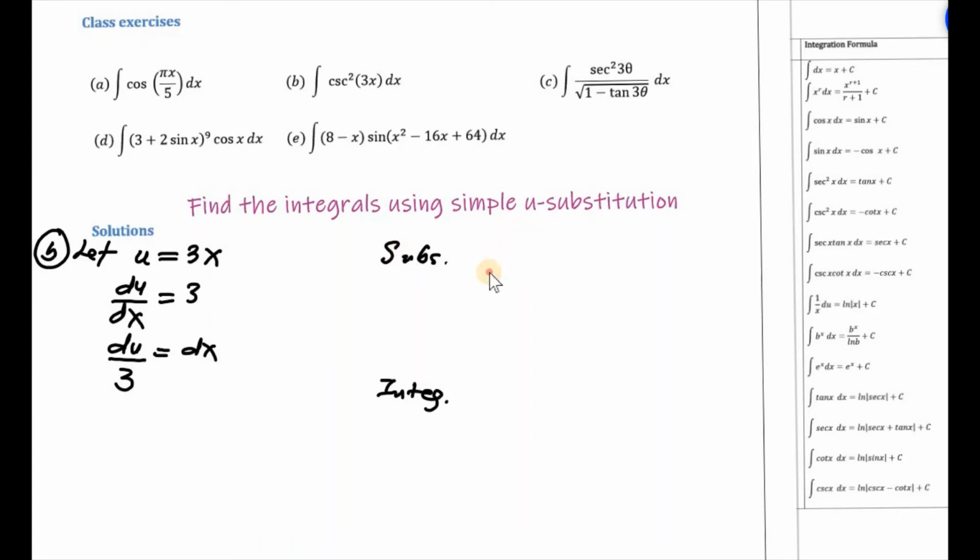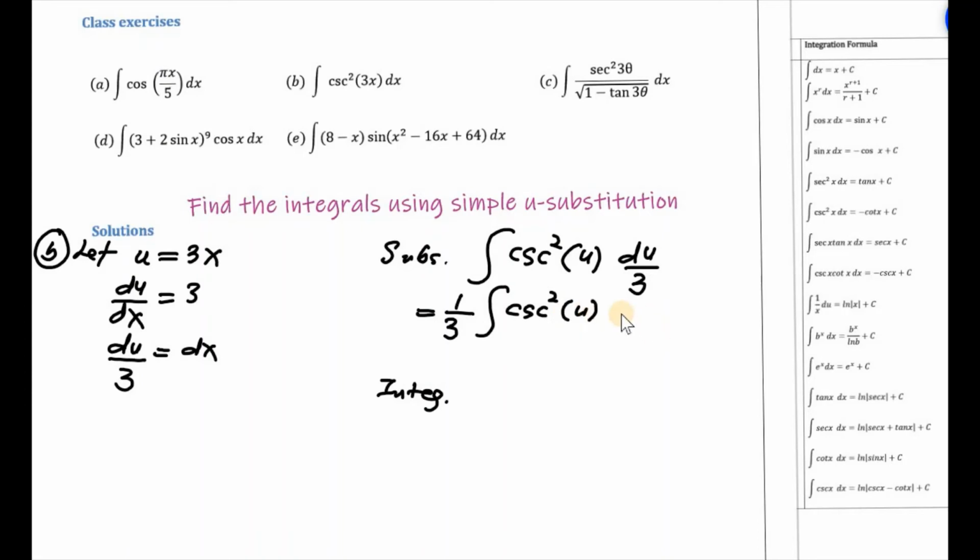Let's substitute all. So the question now will become cosecant square u, right? And dx is actually du over 3. The 3, you can put it in front as the constant, and you are to integrate cosecant square u du. We refer to the formula list. Cosecant square x dx is negative cotangent x plus c.